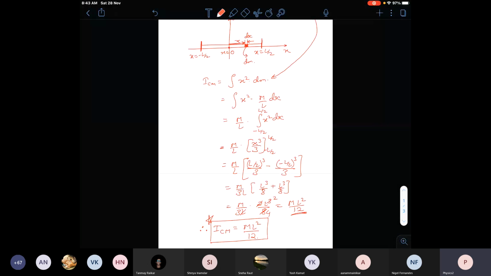There is always one axis which passes through the center of mass. There is only one axis which passes through the center of mass. So what you have to do is just remember the moment of inertia about the center of mass.